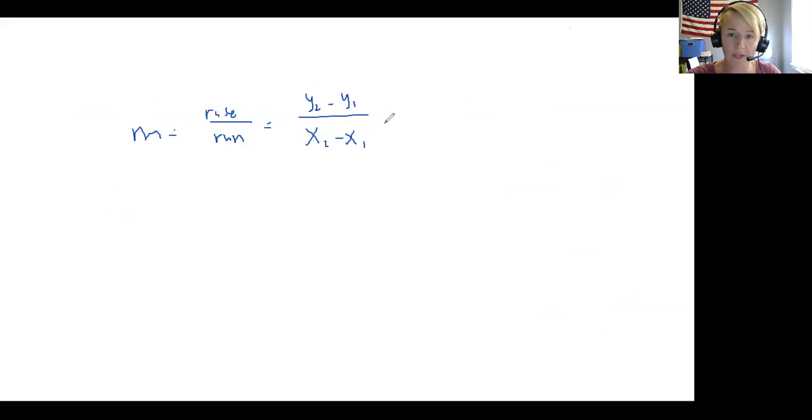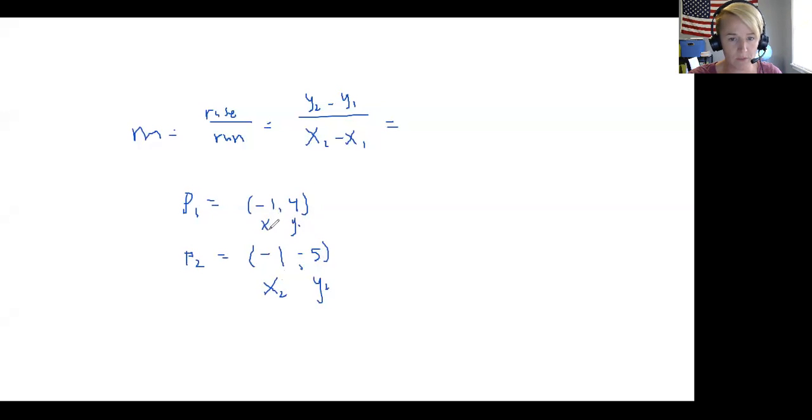And you have 2 points, like for number 16, you've got point 1, which is negative 1, 4, and then point 2, which is negative 1, negative 5. So here's y sub 2, here's x sub 2, y sub 1, and x sub 1. So I'm going to say negative 5 minus 4, and then negative 1 minus a negative 1.